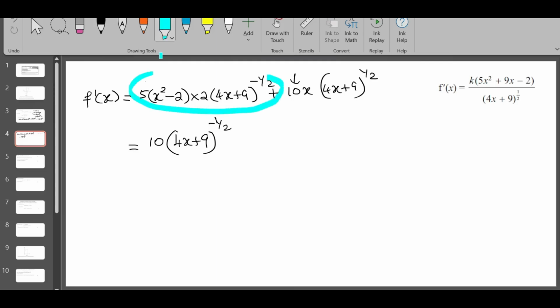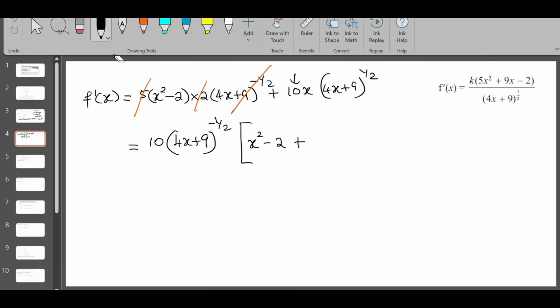So in the first term, if you take out 10 and 4x plus 9 to the power minus half, you are left with x square minus 2 in the first term, plus in the second term, you have taken out 10, so you have x, you have taken out 4x plus 9 to the power minus half, so you will have 4x plus 9 to the power 1 actually, because if you multiply these two, you will get power positive half, right?